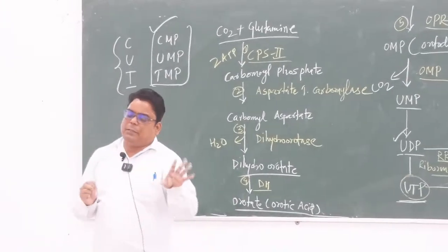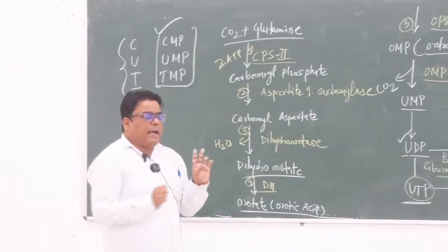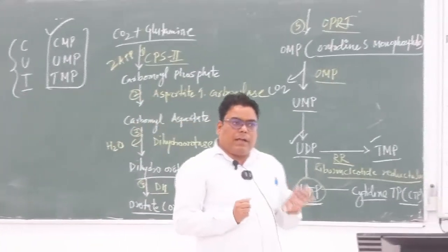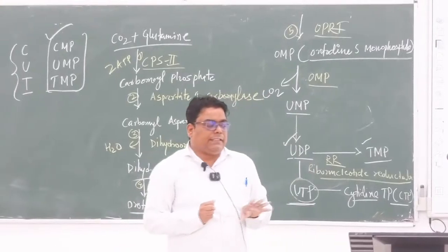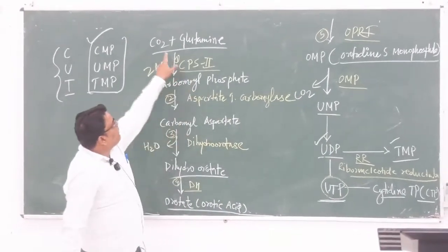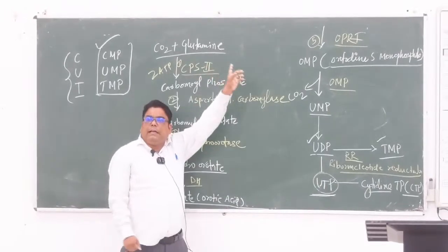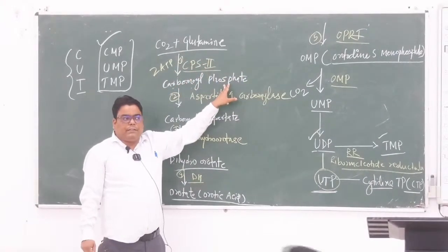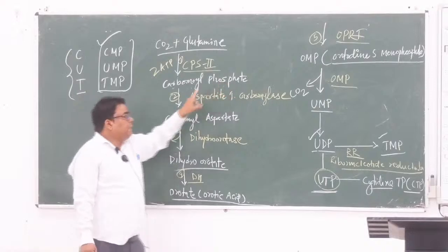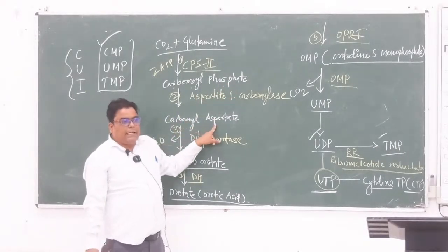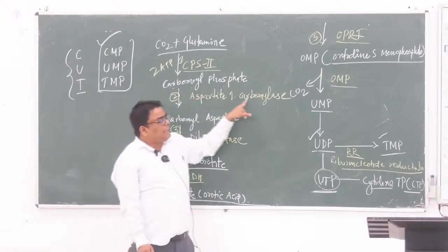The enzyme is CPS second. CPS second is a carbamoyl phosphate synthetase enzyme, and it is a cytosolic enzyme. By this activity, glutamine and carbon dioxide combine to form carbamoyl phosphate. This carbamoyl phosphate is further converted into carbamoyl aspartate by the enzyme aspartate transcarbamylase.